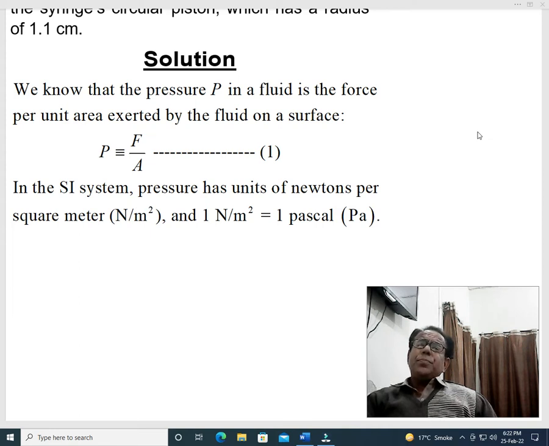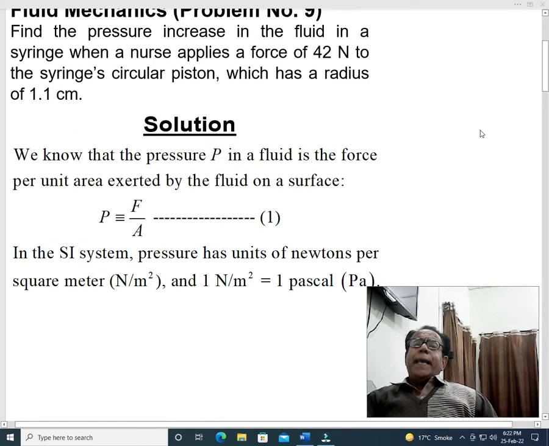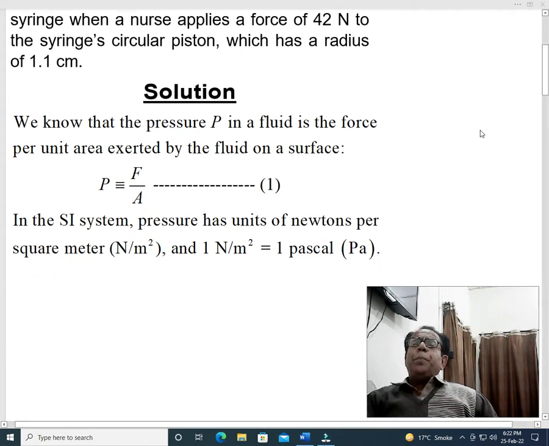Dear students, here, because we have to find the pressure increase, pressure increase means change in pressure. So where change is involved, we can also use the symbol delta. In place of simple P, we can also write it as delta P. Dear students, delta and del operator.